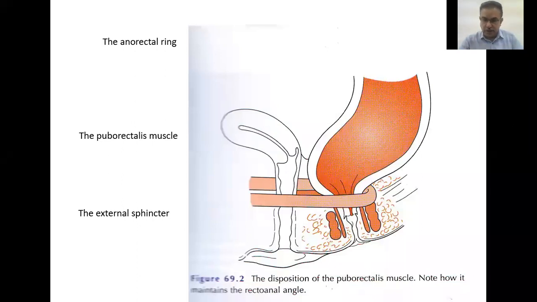This is the uterus anteriorly, and behind the uterus there is the vagina. Below it is the rectum, and this is ringed by the puborectalis muscle. Also in this picture, the external anal sphincter and internal anal sphincter are clear. This is very important to understand the surgical disease related to the anal canal and the rectum.